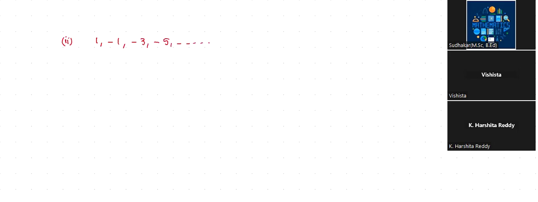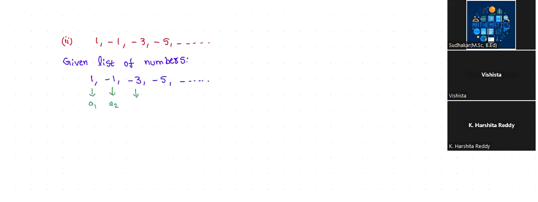Same, given list of numbers. One, minus 1, minus 3, minus 5 and so on. So comparing A1 1, A2 minus 1, A3 minus 3, A4 minus 5.